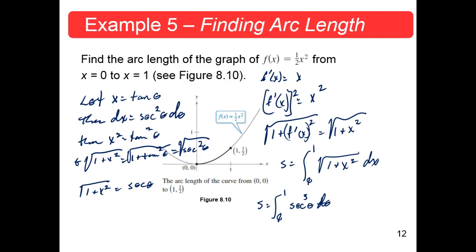On page 535, the integral in the form of secant to the m dx, where m is odd and positive. Exactly what we've got here. It says use integration by parts as illustrated in example 5 of 8.2. Okay? So integration by parts.